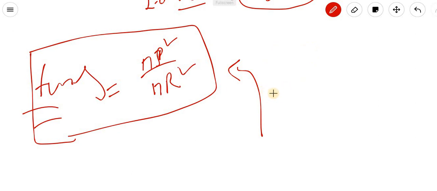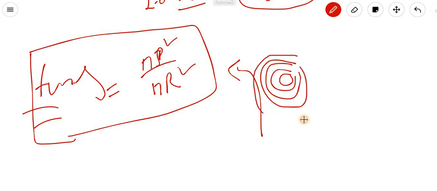But the internal flux, what? Suppose this is the cross section. From there to there it is r.